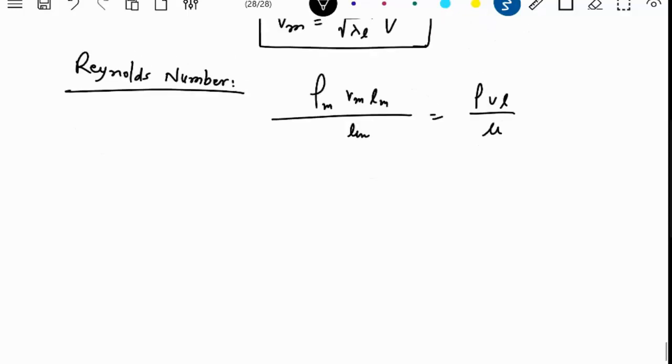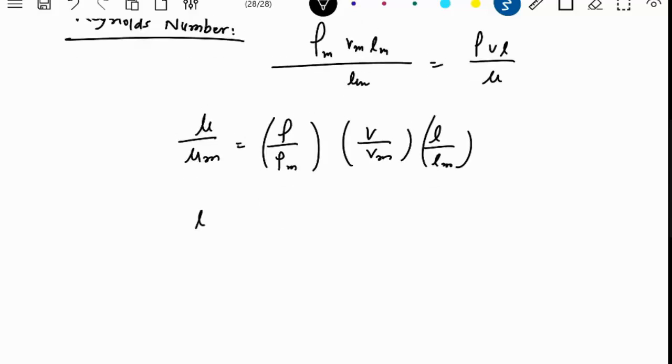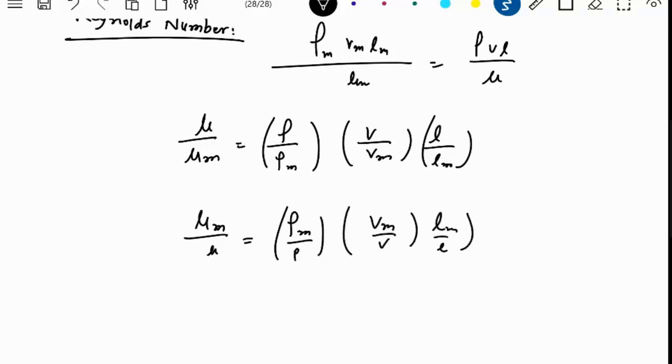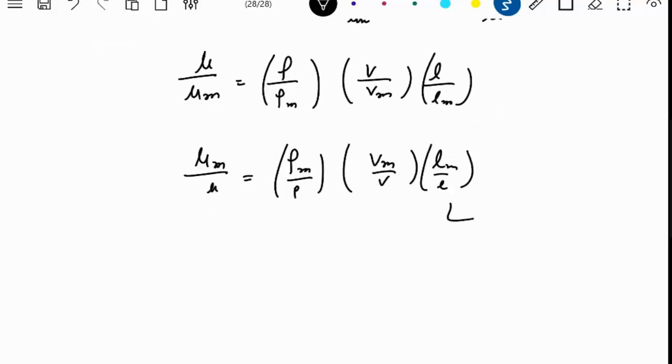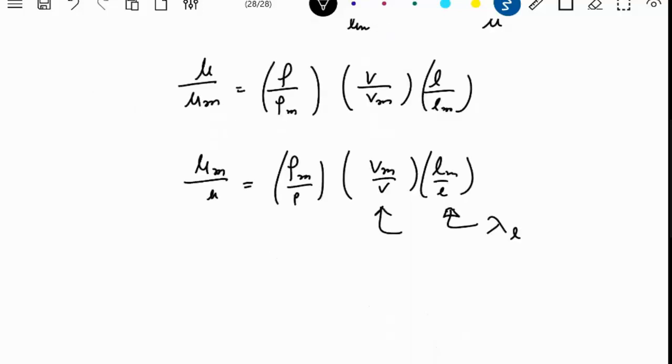From here, if you rearrange the terms, you will find this can be written in terms of V by Vm and L by Lm, or you can write the reverse: rho m by rho, Vm by V, Lm by L. Now Lm by L we already know is the scale ratio, and in the previous case, Froude number similarity, we have already calculated Vm by V, that is the square root of lambda L.